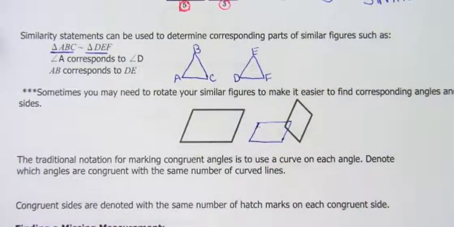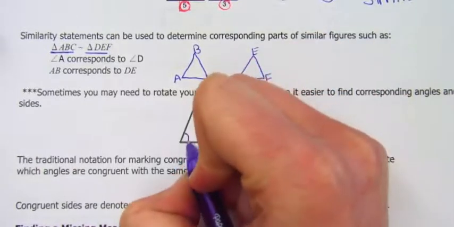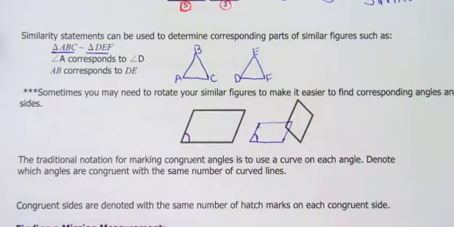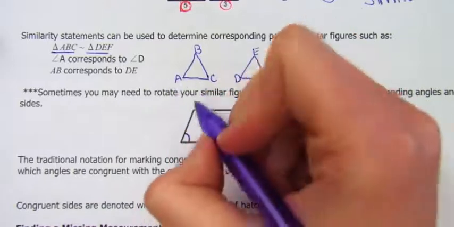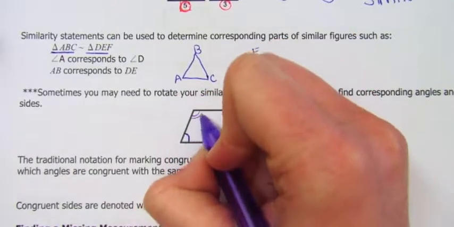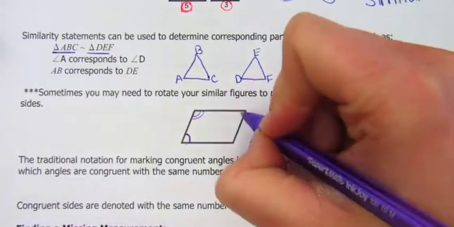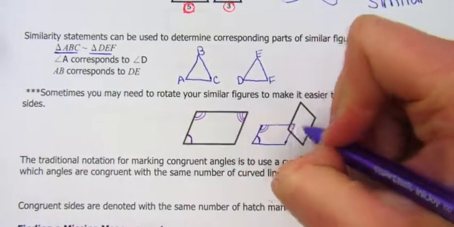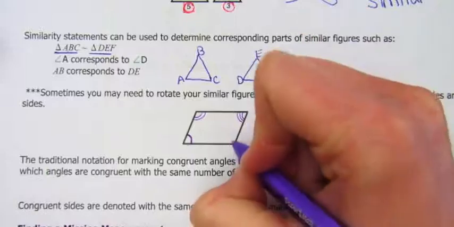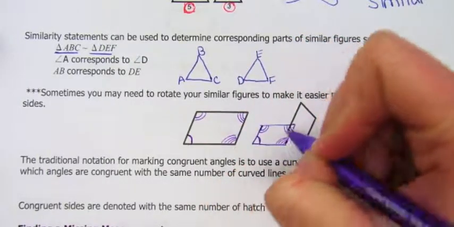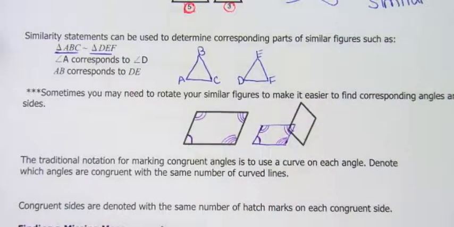Once I turn this, we show that the angles are the same using little curved lines. I would put one curved line here and one here to show that they match up. I will put 2 in this corner and 2 in this one. I could put 3, and then 4. So each one has a different number to show which one it matches up to.